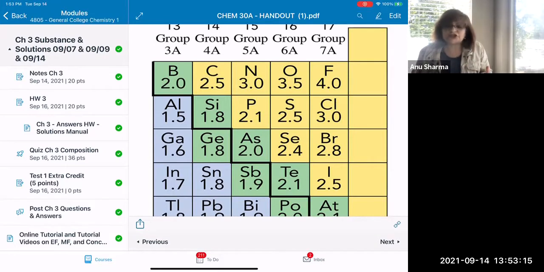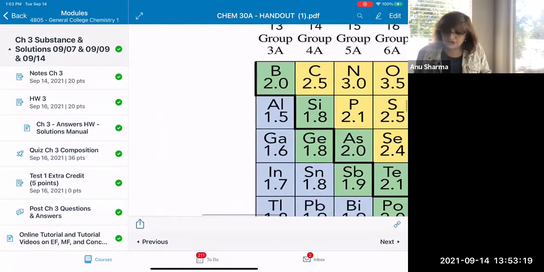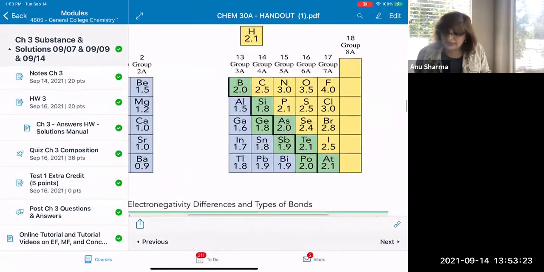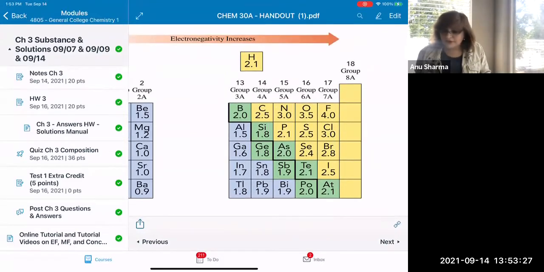When chlorine combines with hydrogen, hydrogen has low electronegativity. Hydrogen has 2.1, chlorine has 3.0. So hydrogen has less electronegativity, and chlorine is only making one bond. But when chlorine combines with oxygen, which has a higher electronegativity, then chlorine can make 3, 5, and 7 bonds.